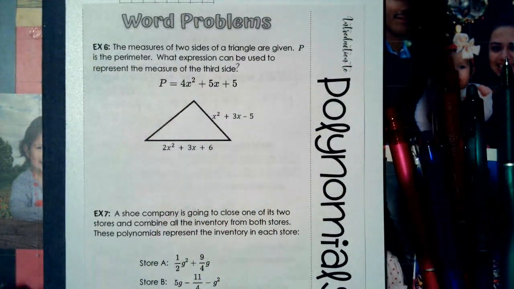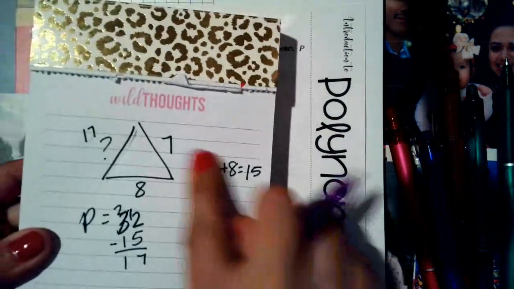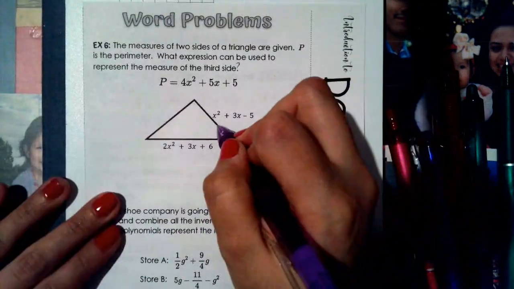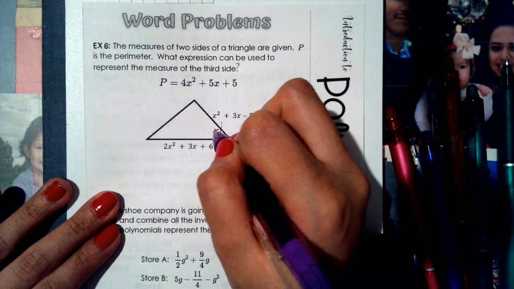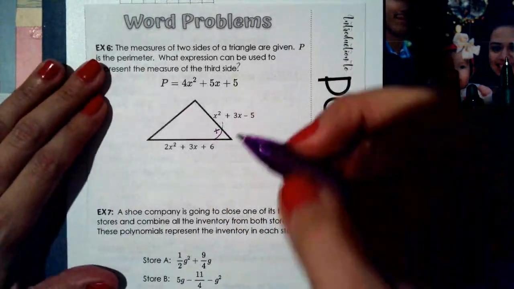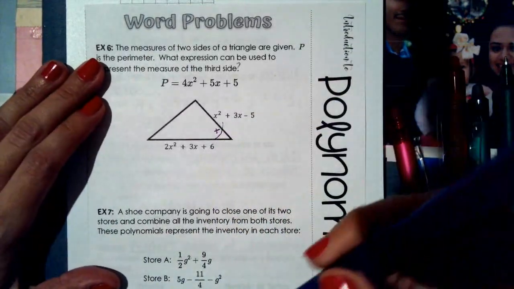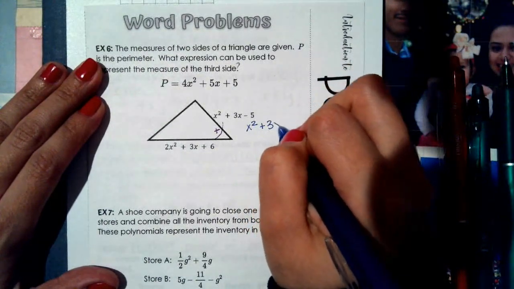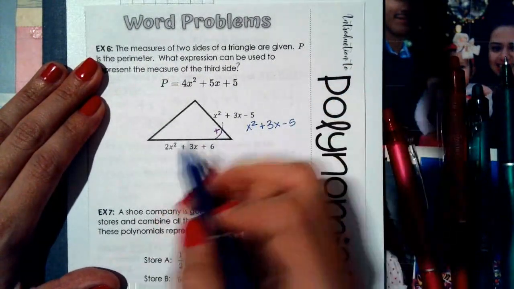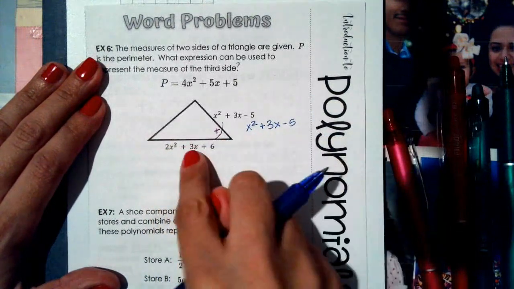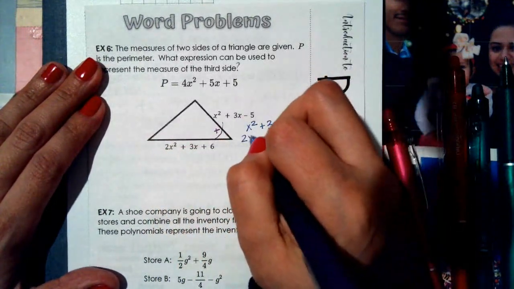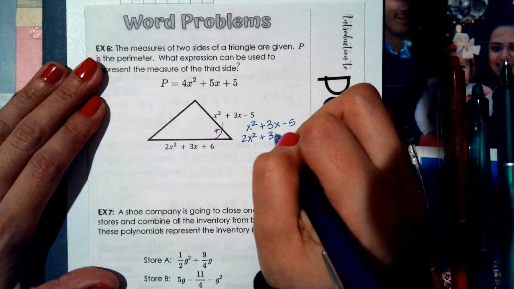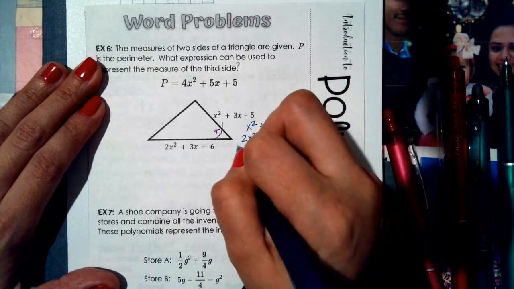So first thing we're going to do, just like we did if these were regular numbers, is add the two sides that we have. I'm going to go ahead and stack those. So x squared plus 3x minus 5. And right below that, matching every term, 2x squared plus 3x plus 6.